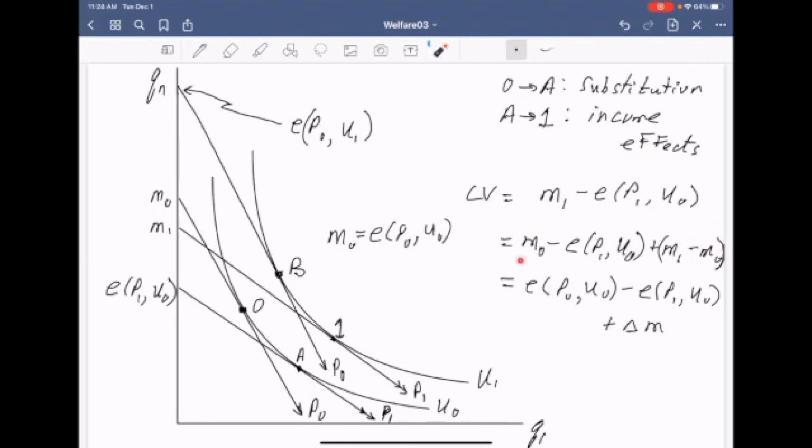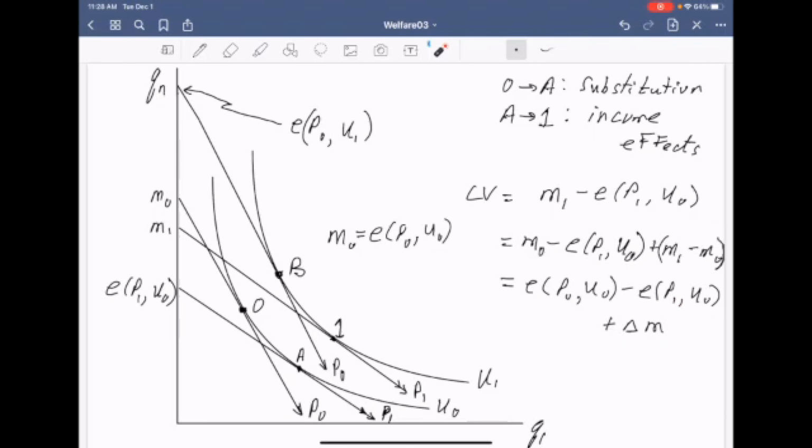We subtract M0, we add it here, and we get minus E, the expenditure function (P1, U0), plus M1 minus M0, which is the change in M. When we substitute for M0 here, we get the expenditure function at P0, U0 minus the expenditure function at P1 and U0 plus the change in income.